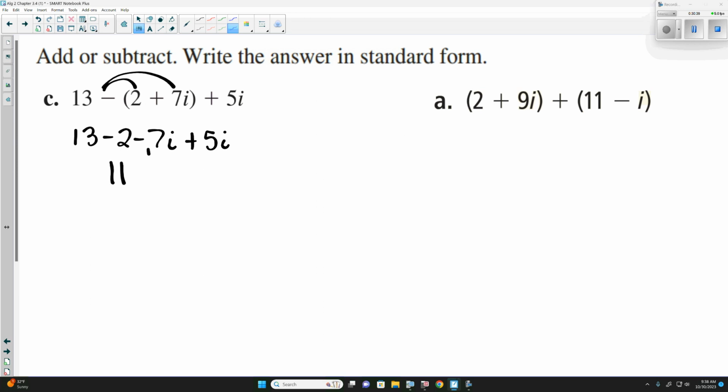Negative 7i plus 5i is negative 2i. Questions on C.